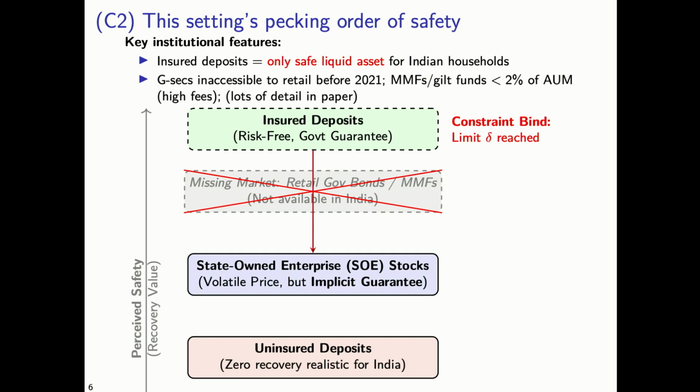They're stocks, so I was surprised that this is the next best alternative, but they enjoy an implicit government guarantee. And then uninsured deposits rank lowest, which is again surprising, but in India uninsured deposits have zero recovery, which is realistic. And bank failure rates, as Nishant was showing, are actually quite frequent.